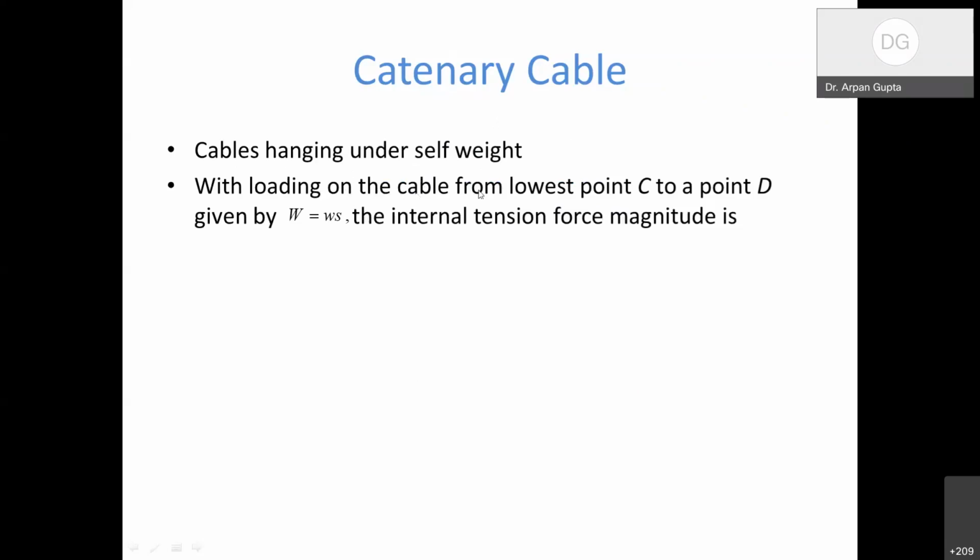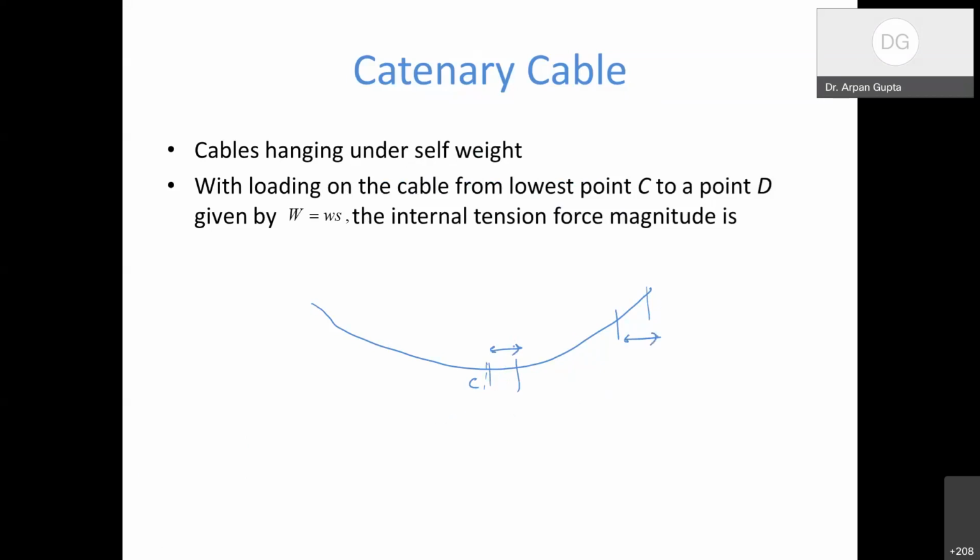Now let us say I have a cable which is hanging with its own weight. This is the lowest point C. Let us say I consider a unit distance here, and the same unit here. So this is a unit length, and this is again a unit length, let's say 1 meter.